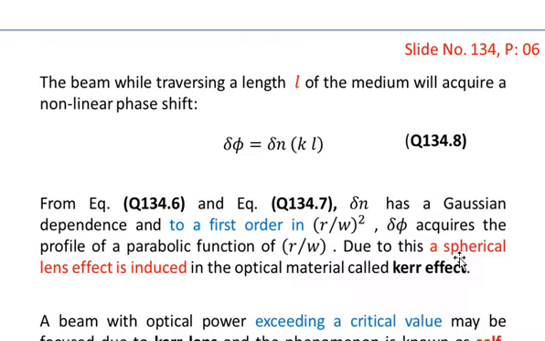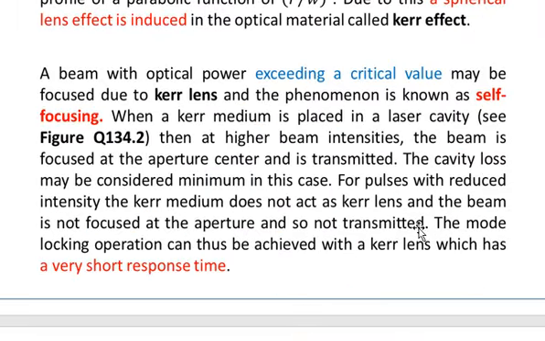Due to this, a spherical lens effect is induced in the optical material, called the Kerr effect. So the Kerr effect is the effect when a spherical lens is induced in the optical material due to the intensity distribution incident on the Kerr cell.